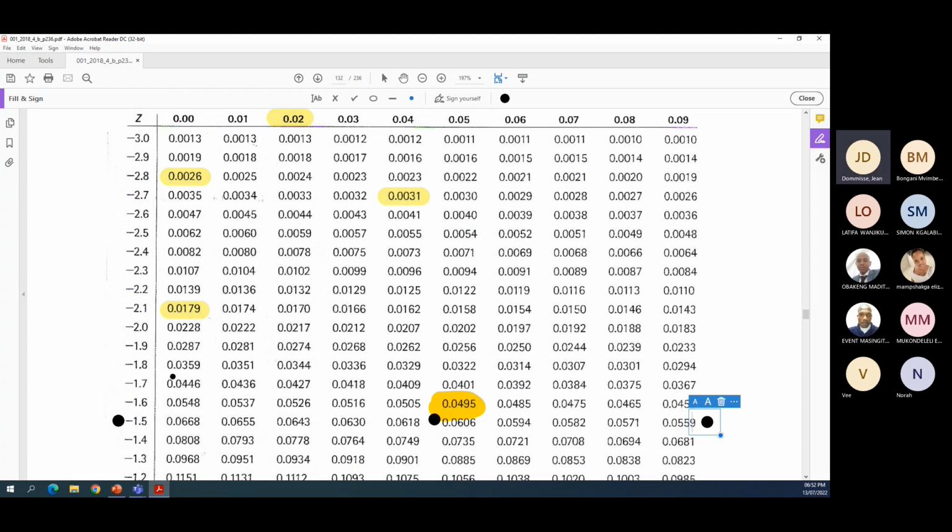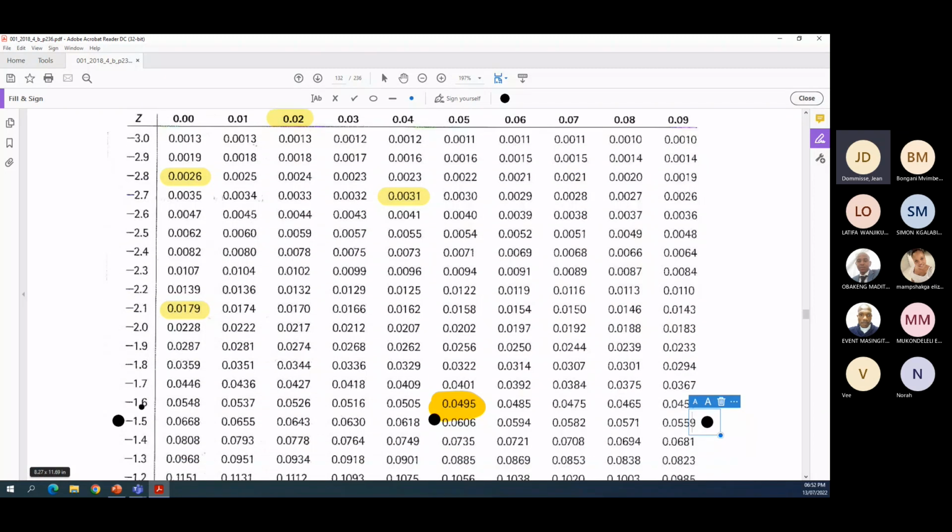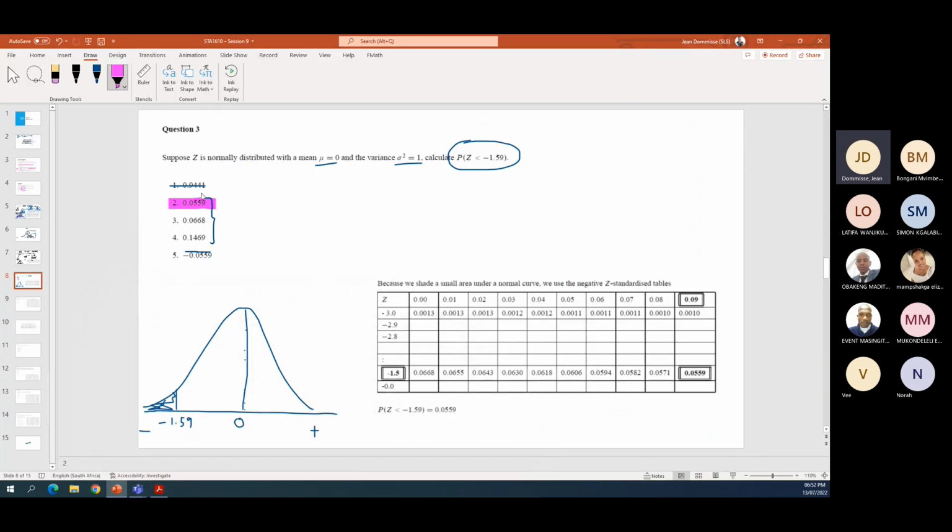For the assignment and for the exam, you need to round it off to 2 decimals, because the table allows you to go for 2 decimals. You could have looked at the minus 1.6, because it's an easier one to find. You won't get an exact number, but you could be very close to it in any case.